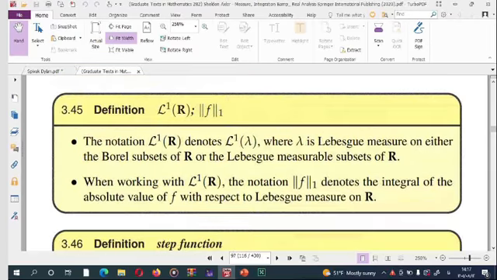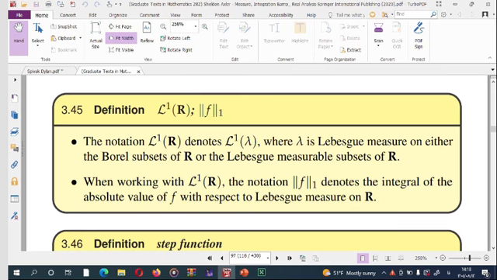And we have this definition. Definition of L1 of R. The notation L1 of R denotes L1 of lambda, where lambda is Lebesgue measure on either Borel subsets or Lebesgue measurable subsets.